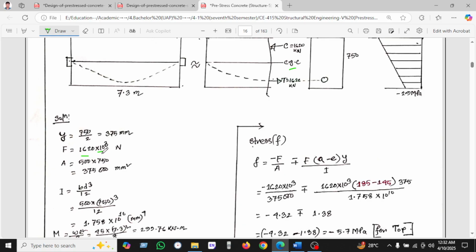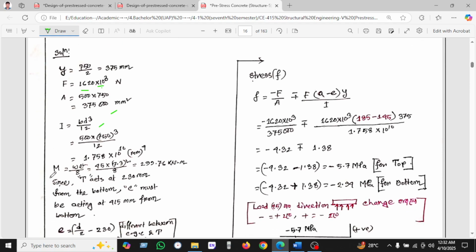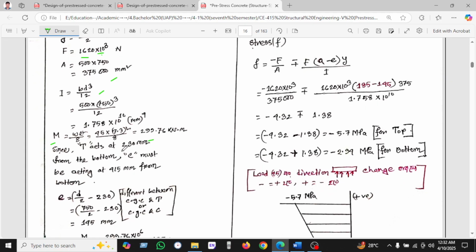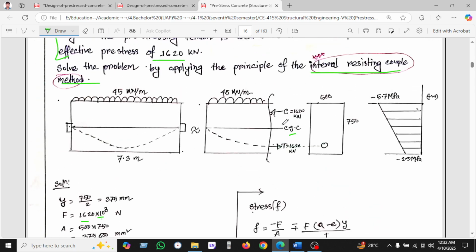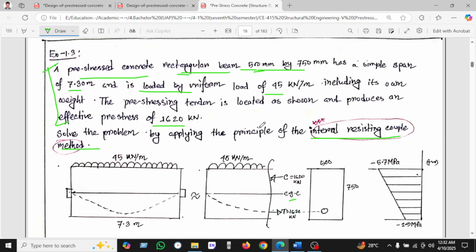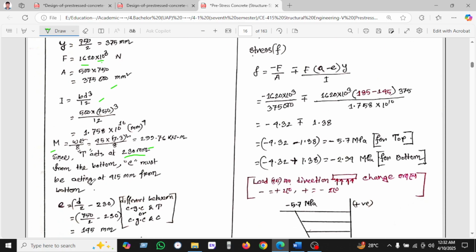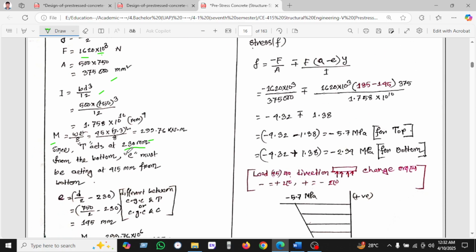We convert it into Newton, and I remains the same, W remains the same. Since T acts at 230 millimeter, how we get this is the C. As the profile is given here, we can see here CGS at 230 millimeter from the bottom.